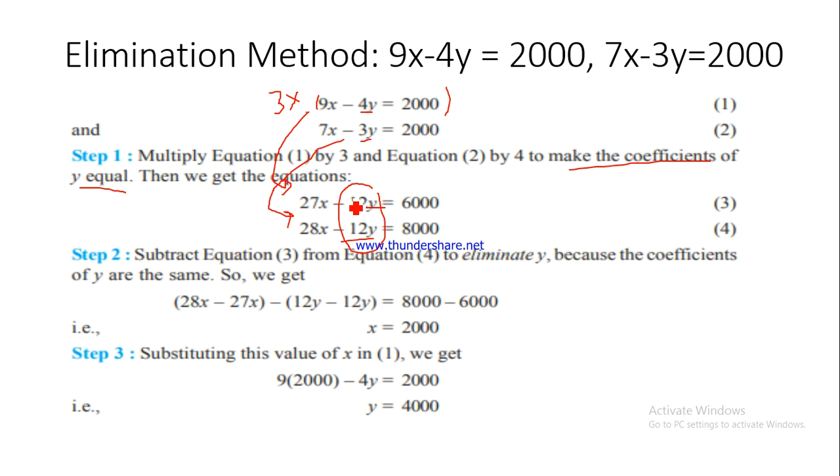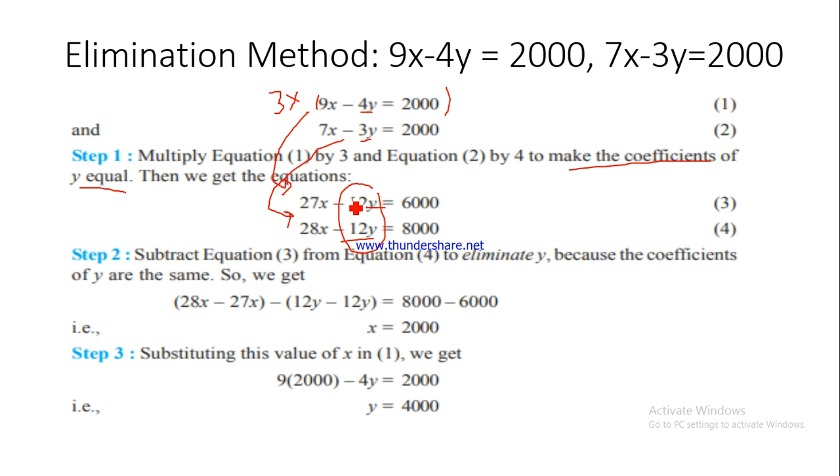This is fine. So remember the general rule: if there is the same sign of the term which you want to eliminate in the two equations, then you subtract. In case the sign is positive in one and negative in the other, which means different signs in the two equations, then you simply add them up.